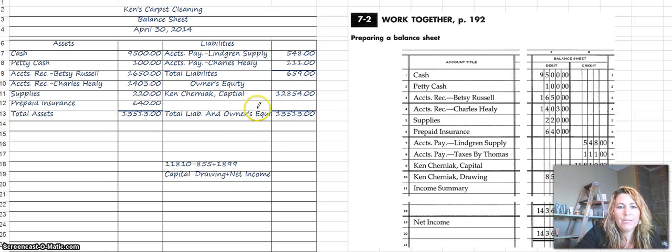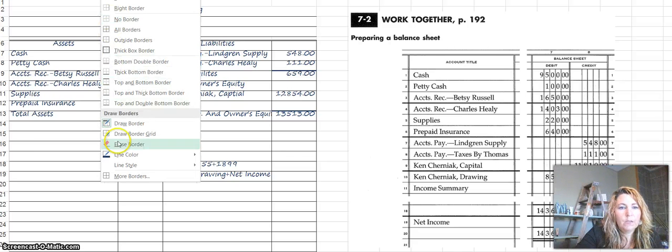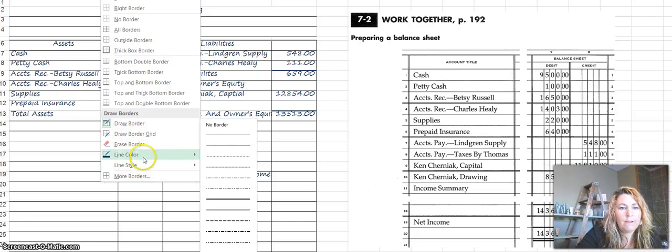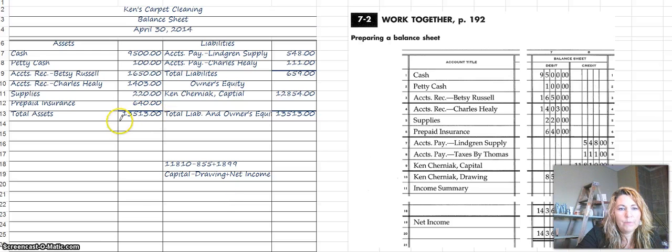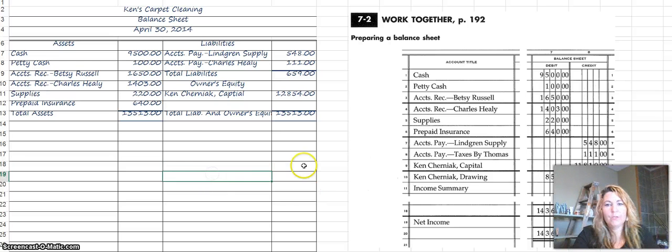Because these match, I need to do my double line. So I'm going to come over here, do my double line, and come over here and do my double line. Okay, so my balance sheet is done. I'll go ahead and delete these out because you don't want those on there.